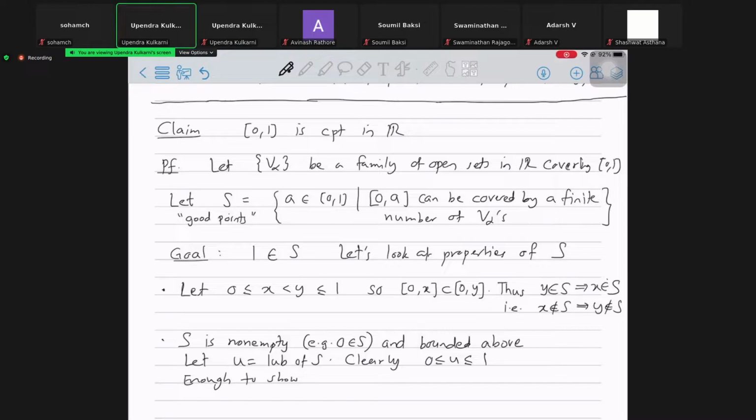Correct. So the way we will split this up is to show that U is equal to 1 and U is also in S. Okay.